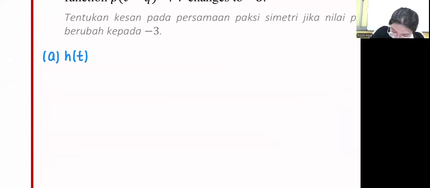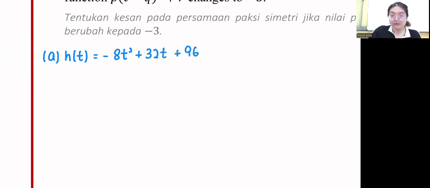h(t) equals negative 8t squared plus 32t plus 96. Now, I said already, when we do completing the square, the coefficient of the variable of the highest power must be equal to 1. So, you take out negative 8.